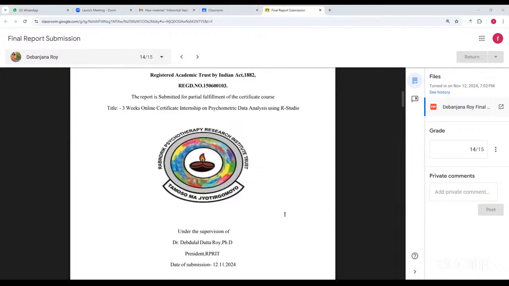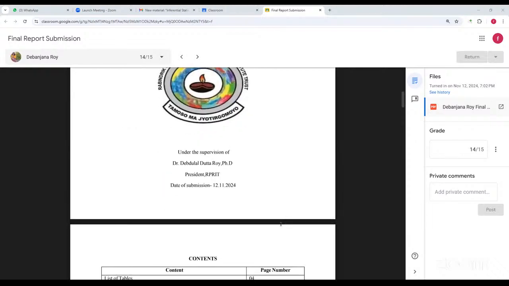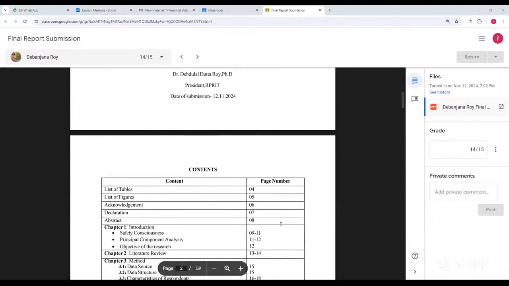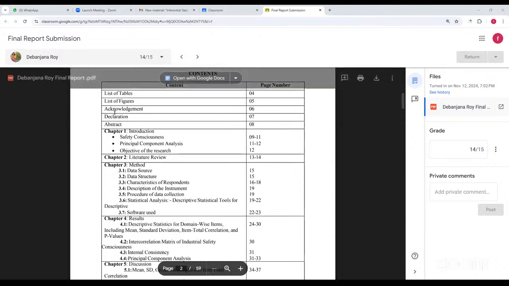So this is just a sample, and this is done by one of our interns, and she has performed PCA on the same data. And this is the format. The format includes, first, the content.